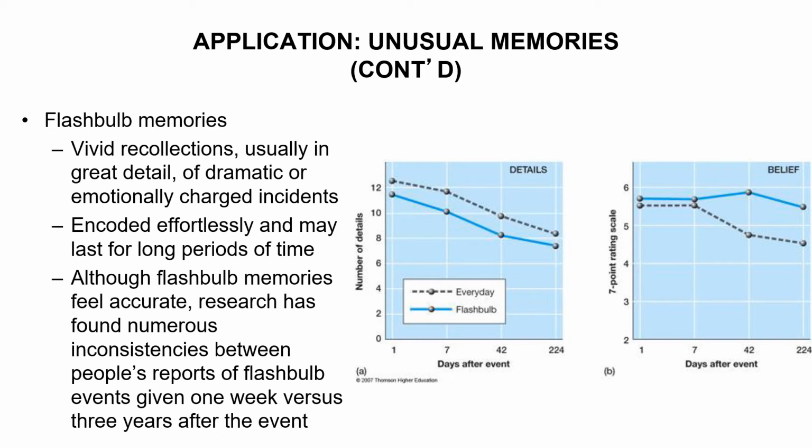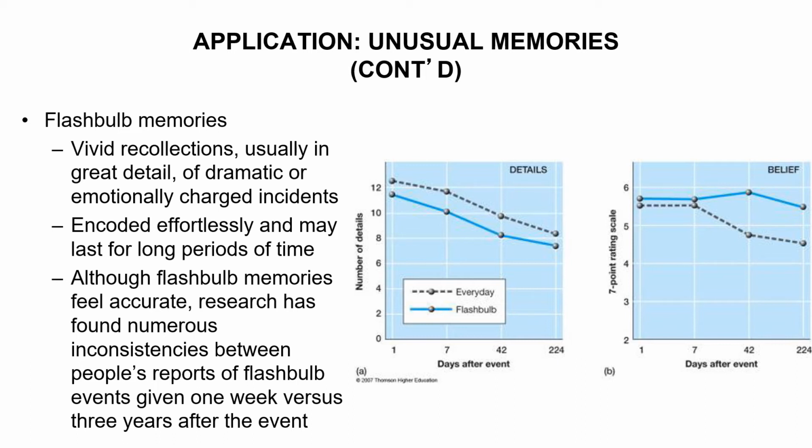Going back, the Challenger explosion, the Kennedy assassination, walking on the moon, various different things like that in history have been flashbulb memories for the nation or for large groups of people. At the same time, you can have flashbulb memories that just involve you, things like being in a car accident or having some other type of injury.